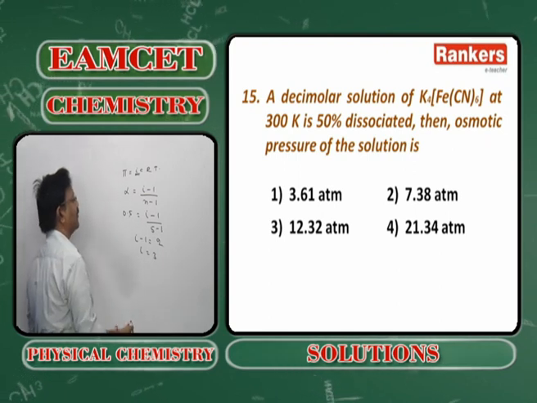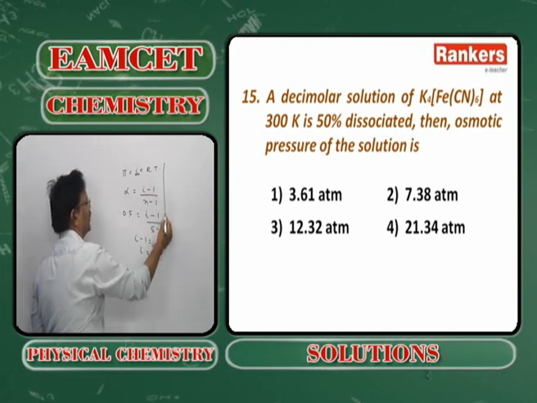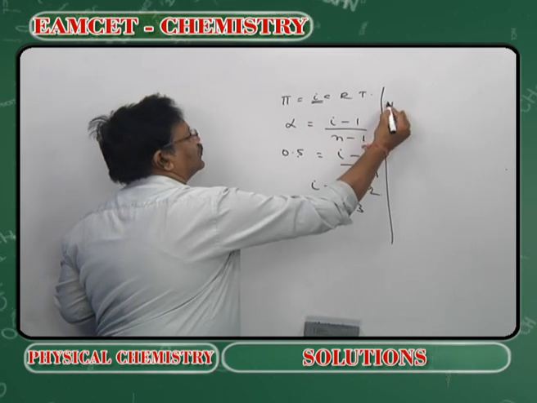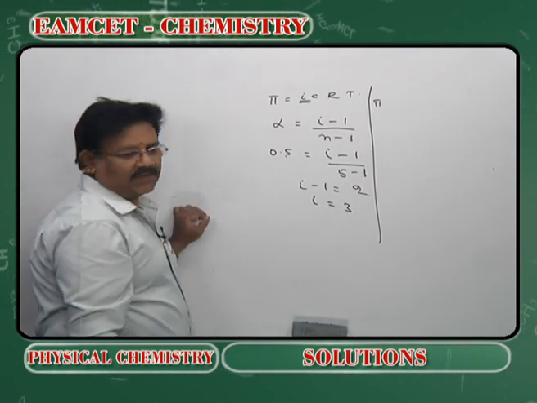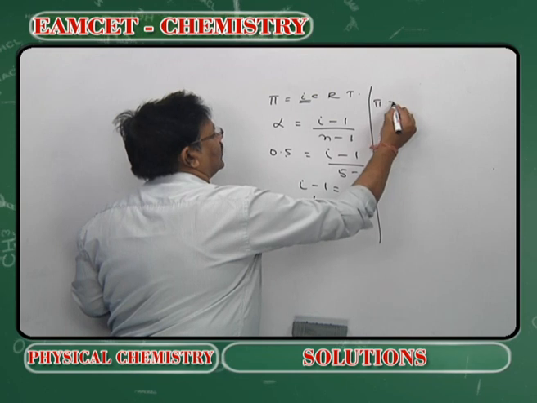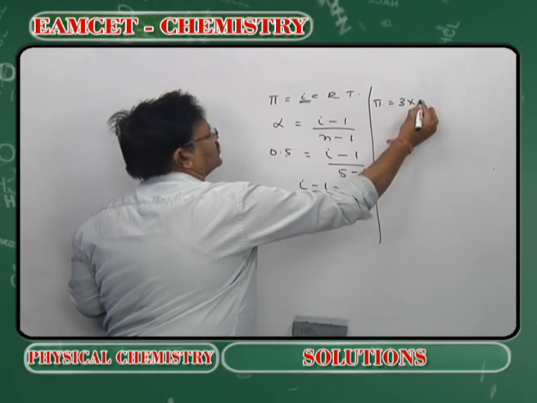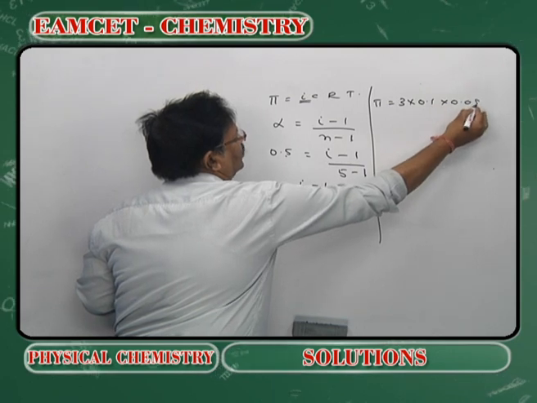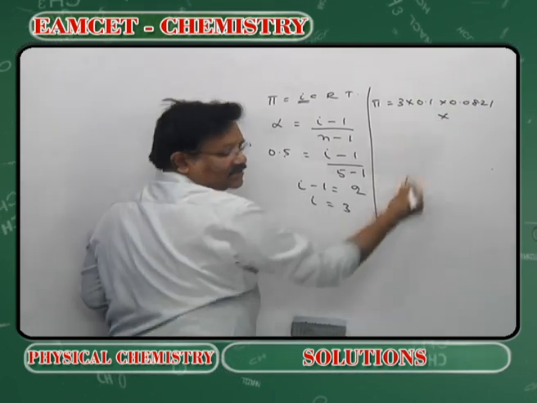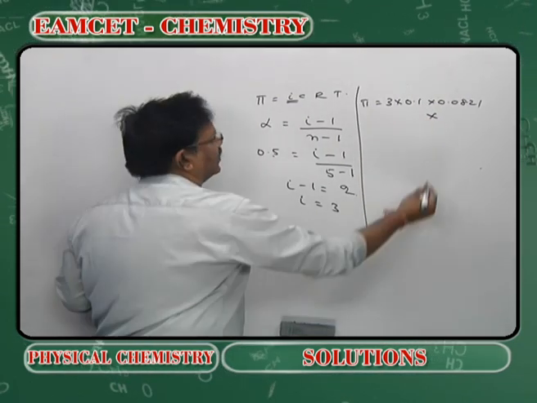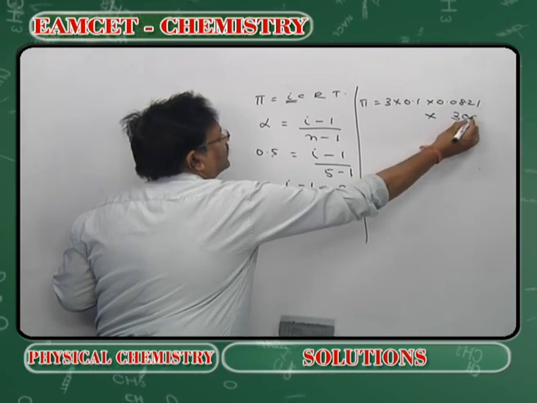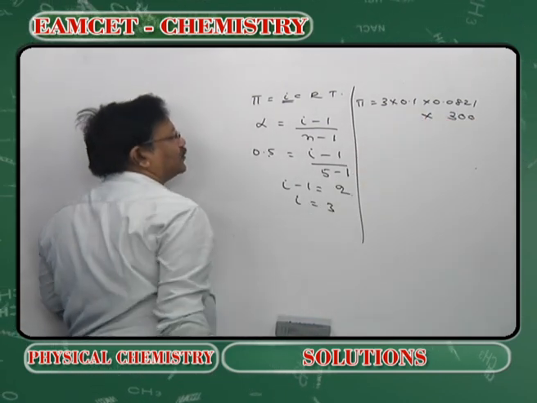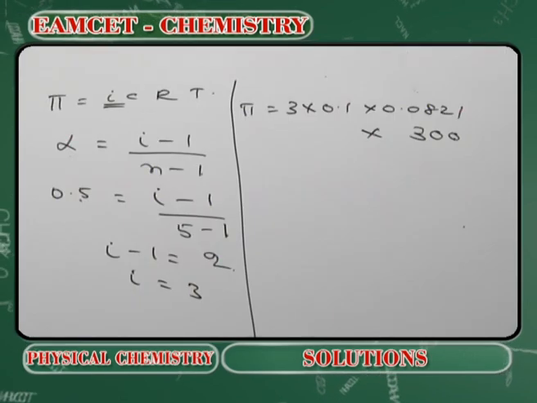Now making proper substitution, what will be the pi value? i is equal to 3 and concentration is 0.1, R is equal to 0.0821. And what is the temperature maintained? 300. It must be around 7.38. Option 2 is the answer.